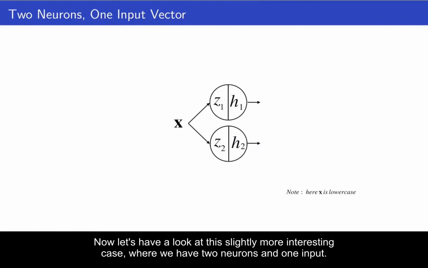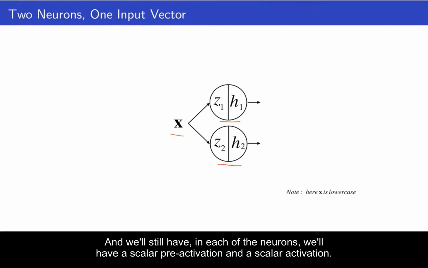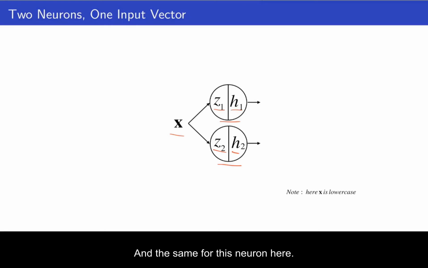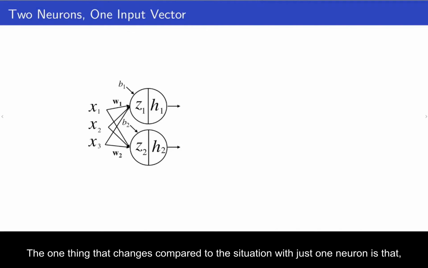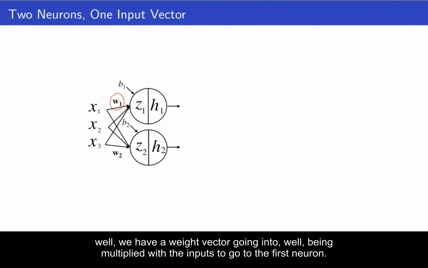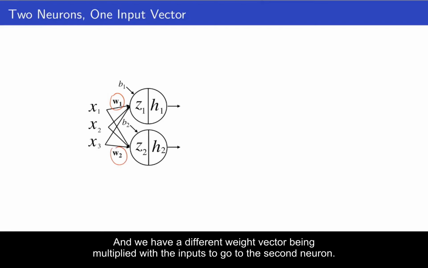Now let's have a look at this slightly more interesting case where we have 2 neurons and 1 input. We'll still have, in each of the neurons, a scalar pre-activation and a scalar activation, and the same for this neuron here. The one thing that changes compared to the situation with just one neuron is that we have a weight vector being multiplied with the inputs to go to the first neuron, and we have a different weight vector being multiplied with the inputs to go to the second neuron.